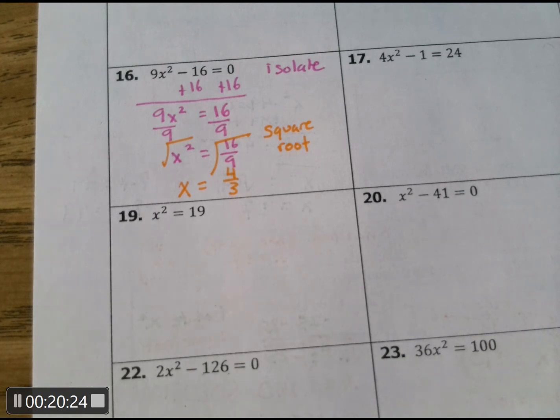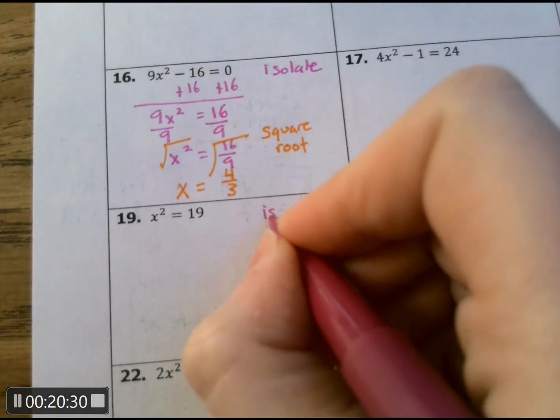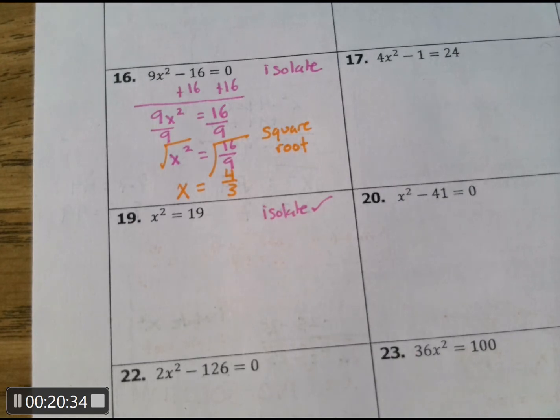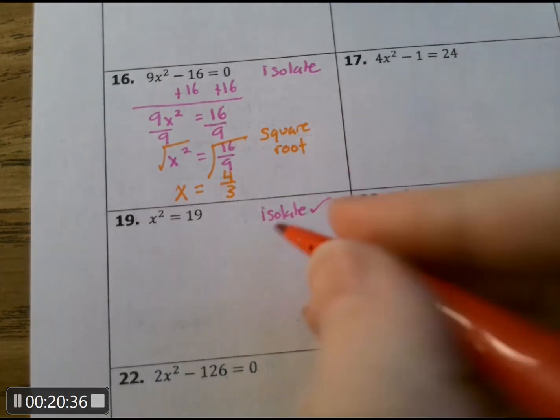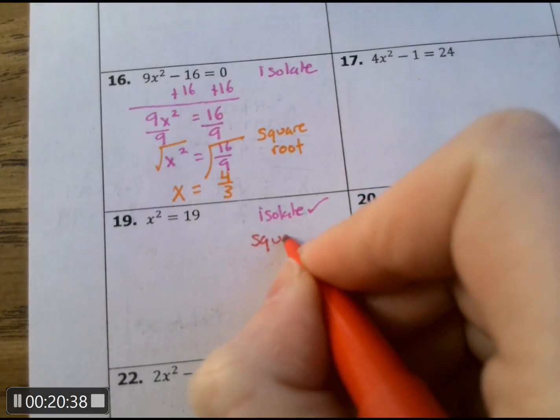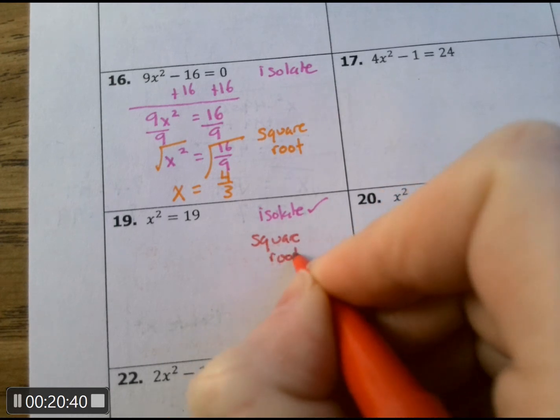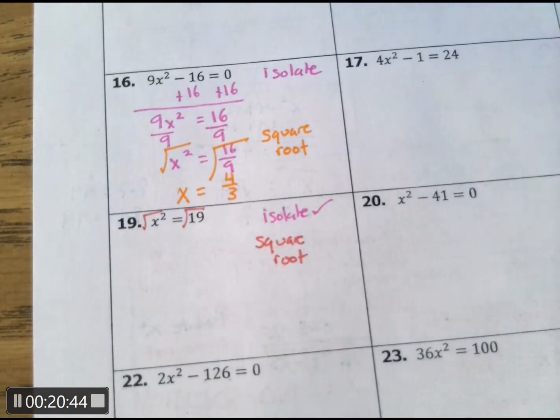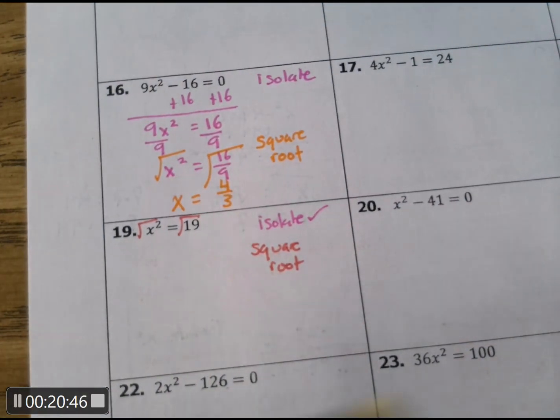All right, now let's take a look at 19. Okay? So 19 says x squared equals 19. Well, our x is already isolated. So what we need to do now is take the square root. So we're going to take the square root of both sides. Okay.